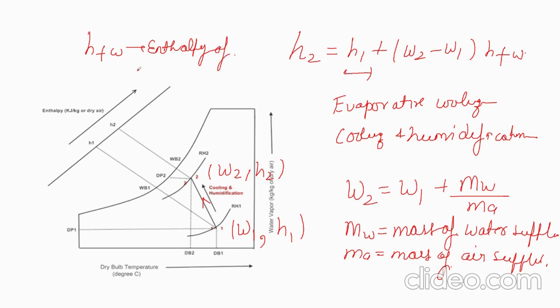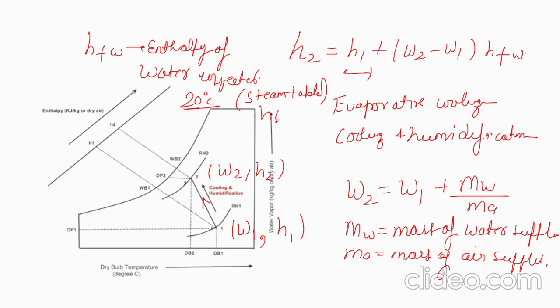Okay, suppose water is injected at a temperature of 20 degrees Celsius. So you have to take the enthalpy of water from the steam table. And from the steam table, which enthalpy do you take?